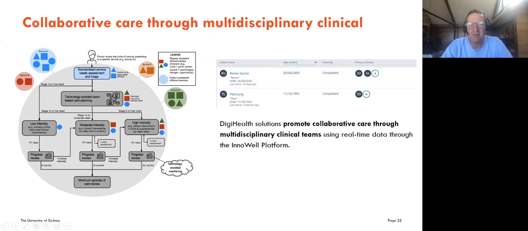There are very few areas of medicine where, for complex disorders or chronic disease, an individual clinician can achieve a very good outcome. Unfortunately, in mental health, there's a tendency to think the interaction with one clinician, the personal connection, is the key intervention. Collaborative care actually gets better outcomes. To collaborate well, you need to share information in real time and put the person's particular experience and their ongoing experience at the center of that collaboration.